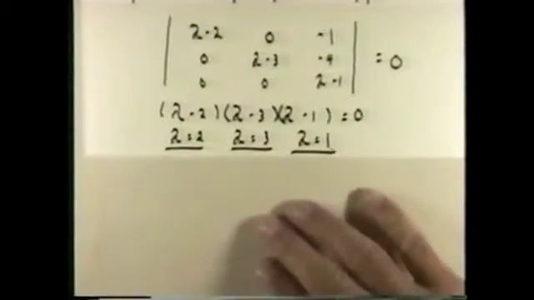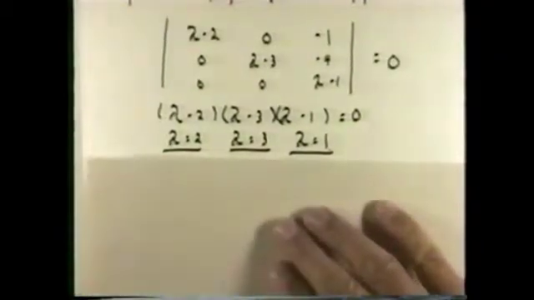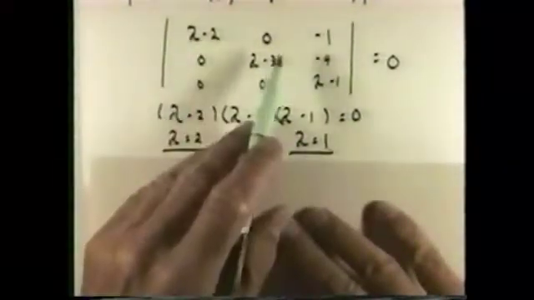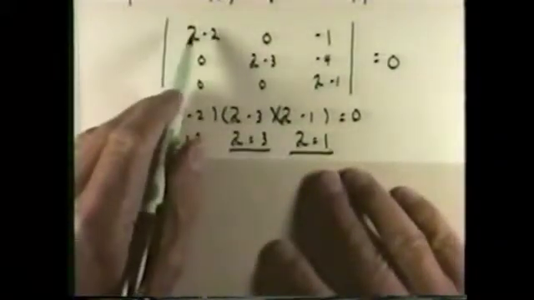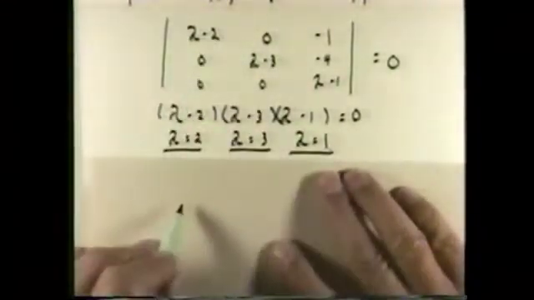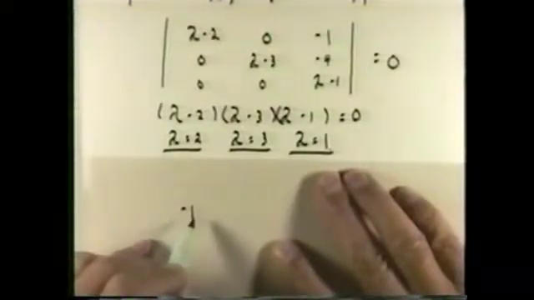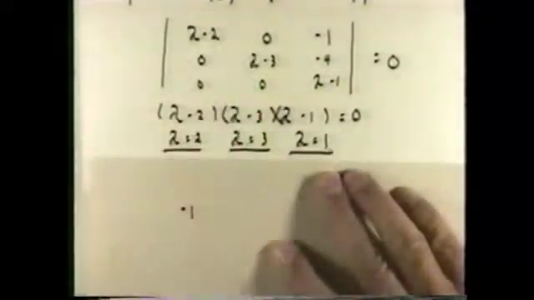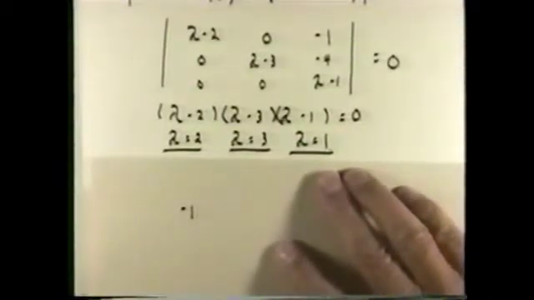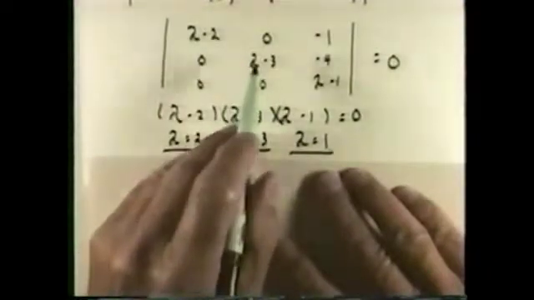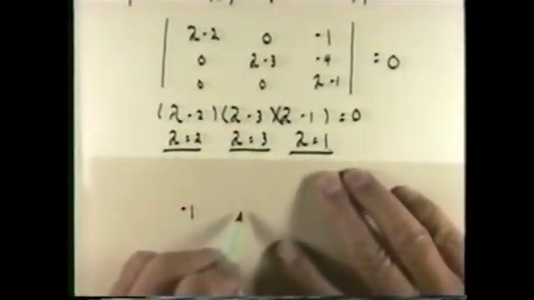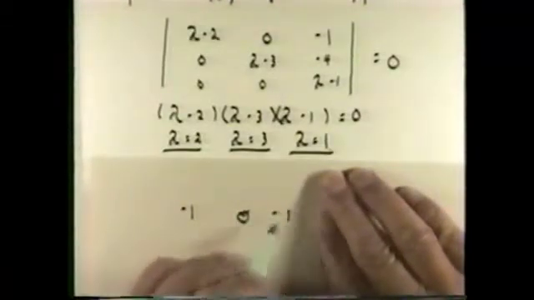Now, let's look for lambda equal to 1. In other words, lambda I minus A times x equals 0 for lambda equal to 1. 1 minus 2 is negative 1. 1 minus 3 is, well, that'll be 0, then negative 1.